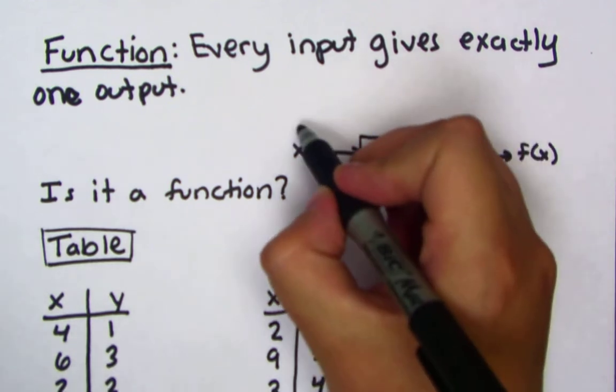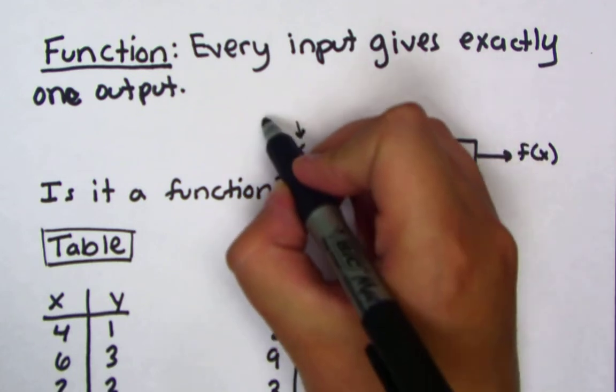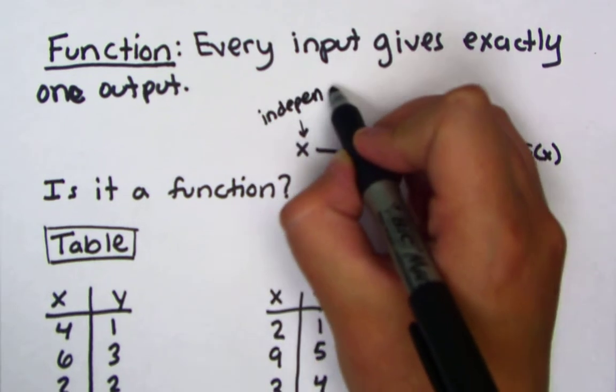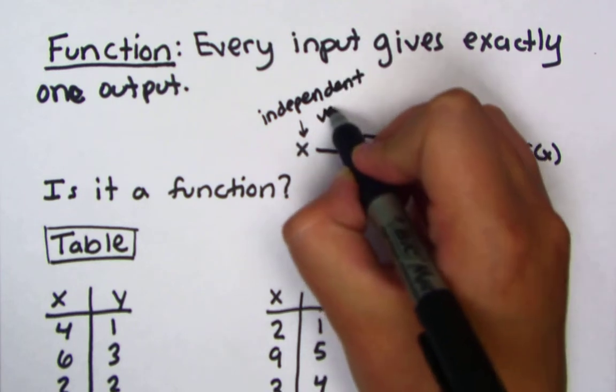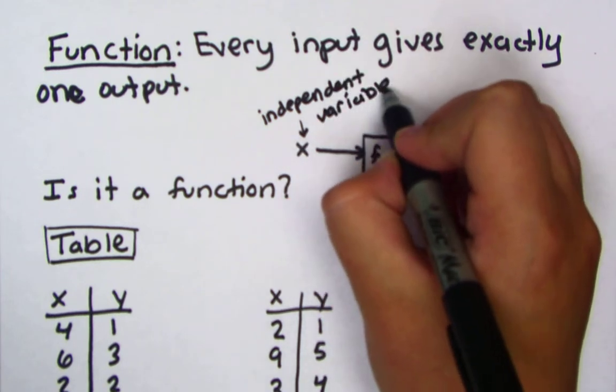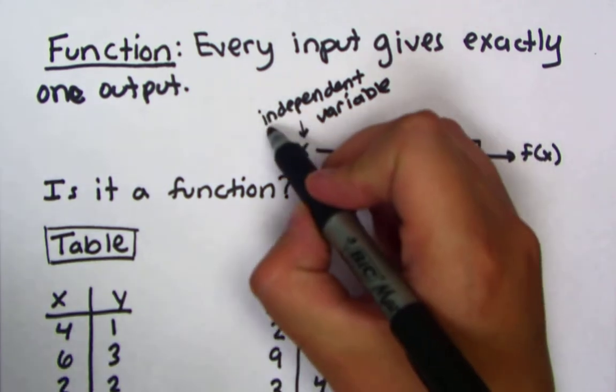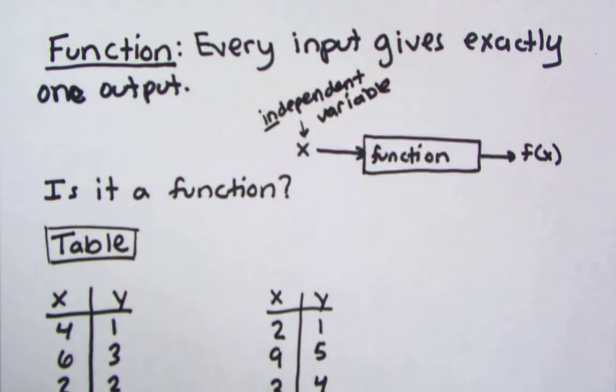So for example, anything you put in for x, and we call that our independent variable, any value that you plug in for the independent variable, you can remember that because independent starts with "in," and it's the value that you're putting into the function.